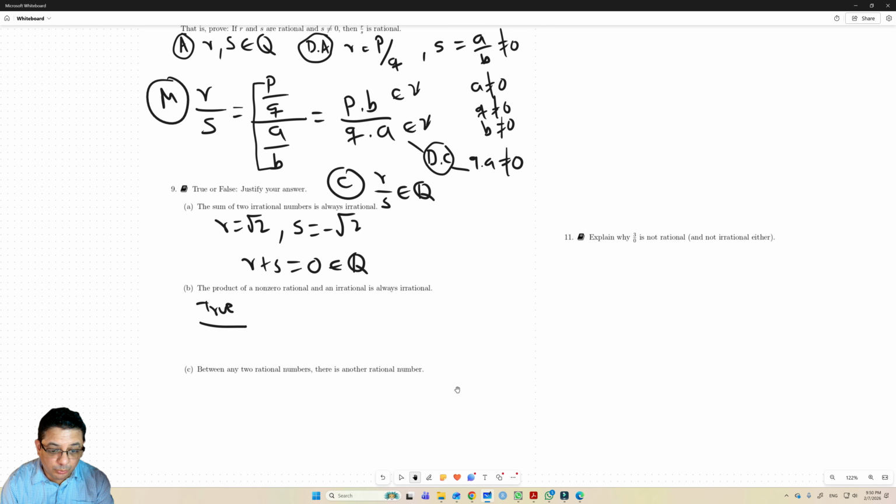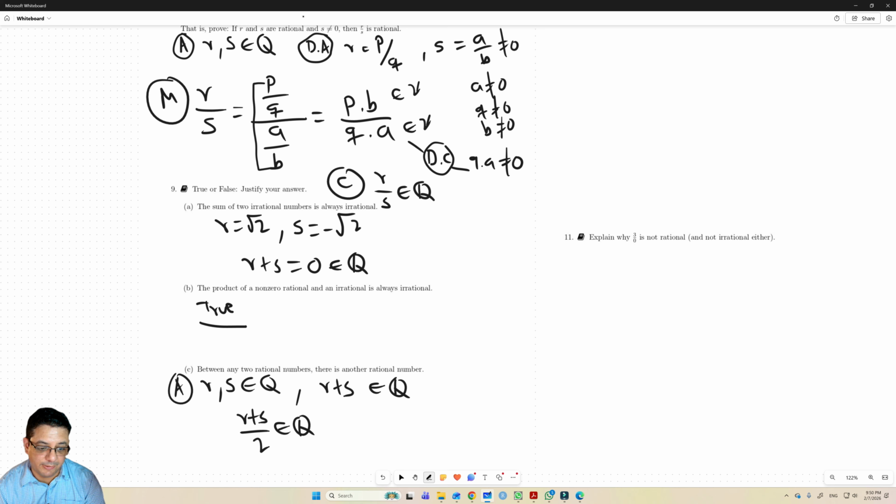Now, between two rational numbers, there's always another rational number. This is true. In particular, consider R and S rational numbers. This is our assumption. We can always do R plus S. That's going to be a rational number just because the rationals are closed. And also, we can have R plus S divided by 2, which is going to be still a rational number because this is, once again, closed under the rational numbers.